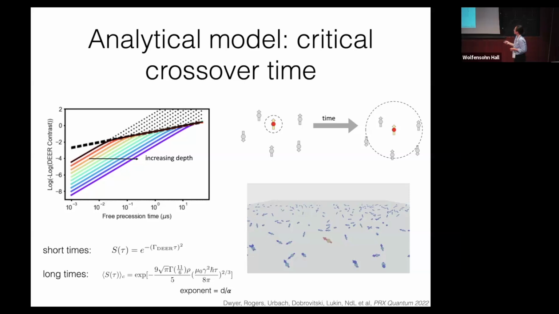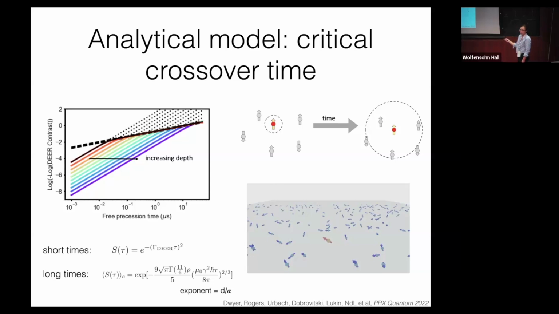In this case, because we're looking at surface spins, what you get is an exponent that looks like the dimensionality of the bath divided by the strength of the interaction. So we get 2/3 because it's dipolar interactions. So this is the prediction of what I should see if I oversample this coherence decay and then plot it on a log plot.